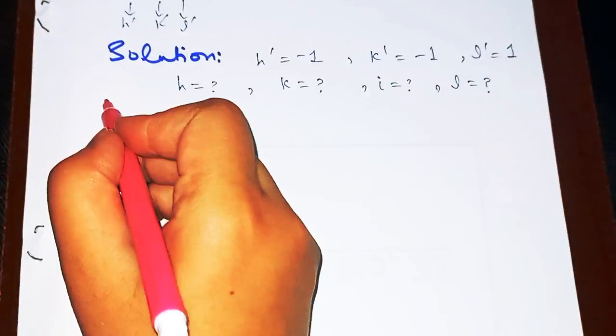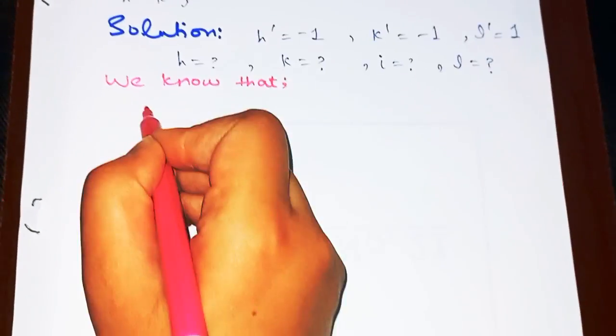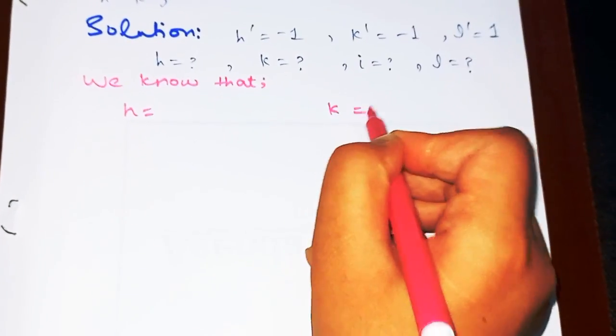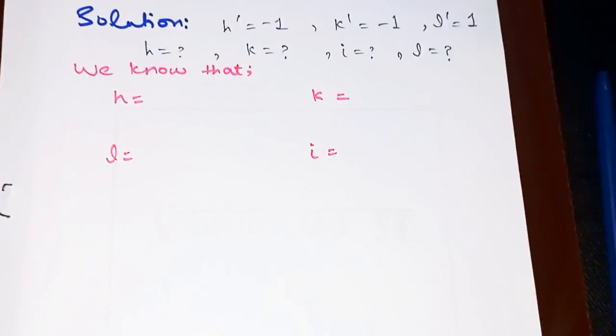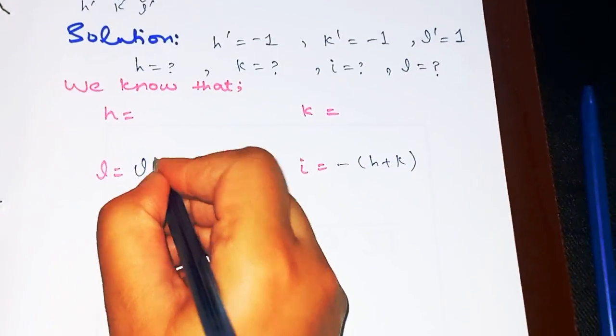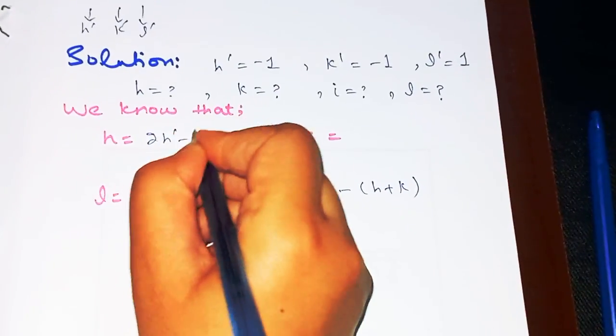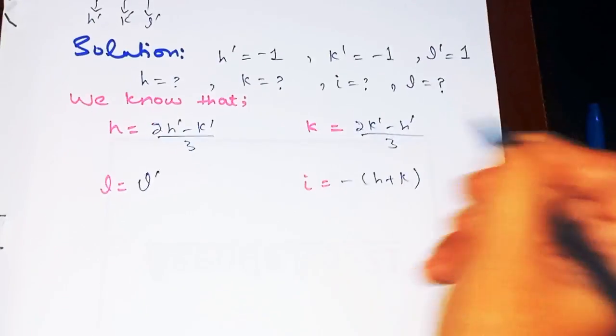We know that h equals 2h prime minus k prime divided by 3, k equals 2k prime minus h prime divided by 3, and i equals minus (h plus k).